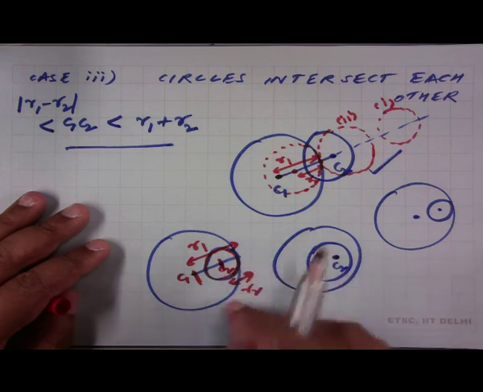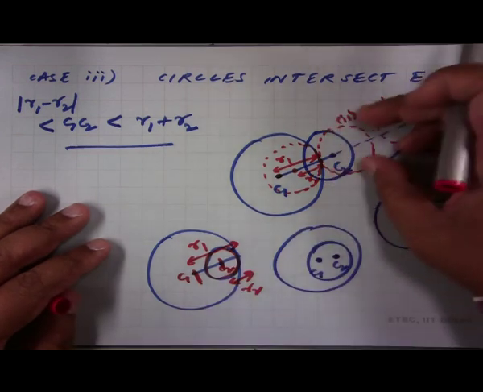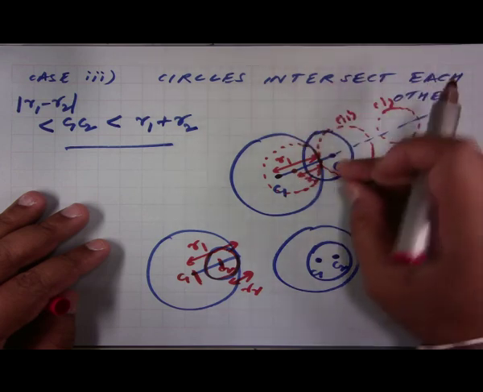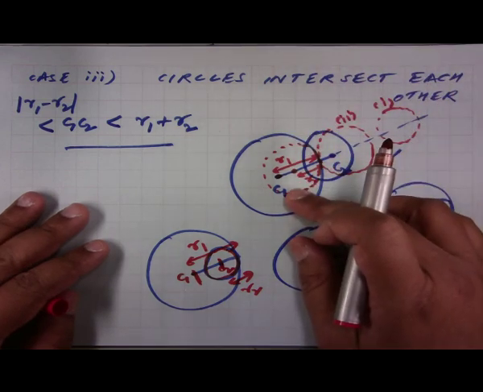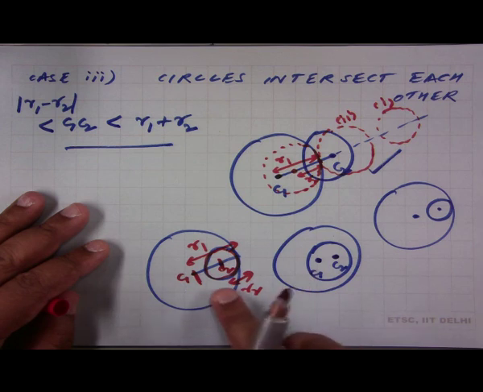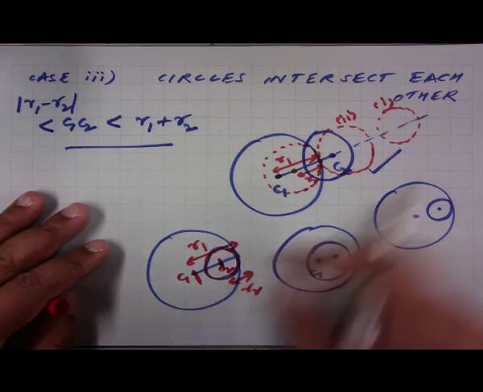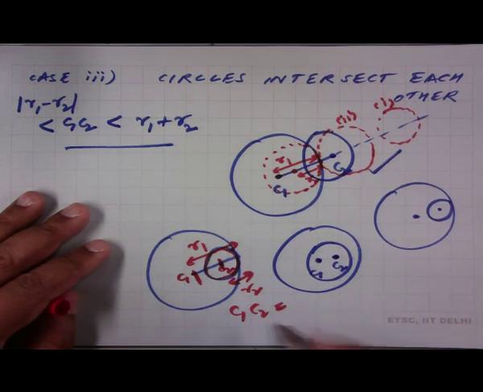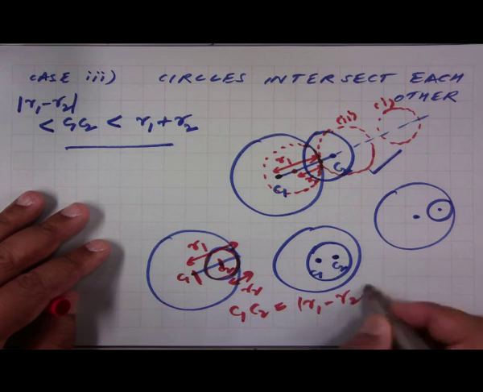So, if the smaller circle keeps on coming closer, if the center C2 keeps on coming closer till this case happens, then when this case happens, we have C1 C2 equal to mod of R1 minus R2.